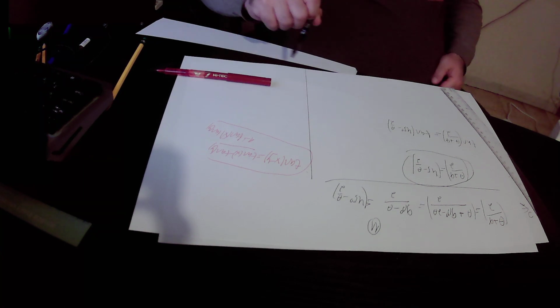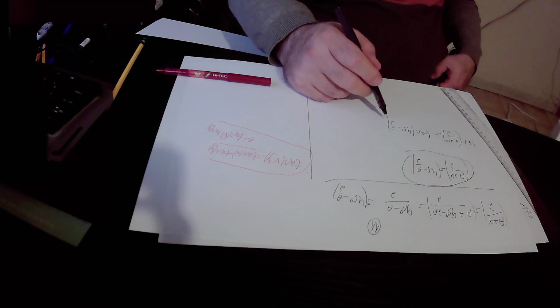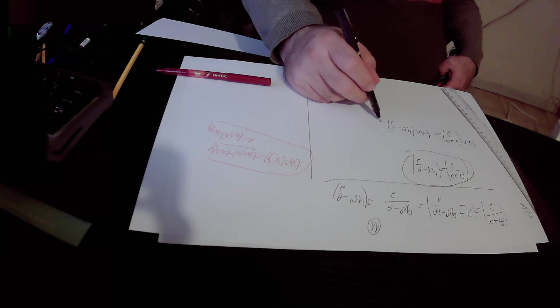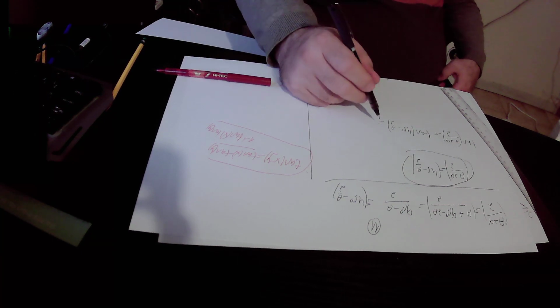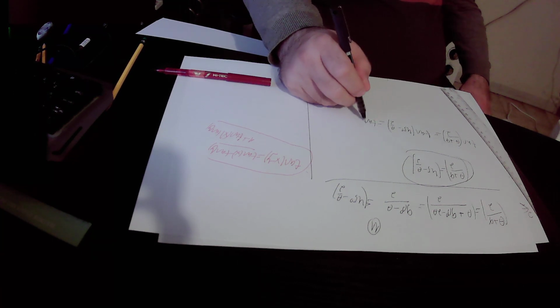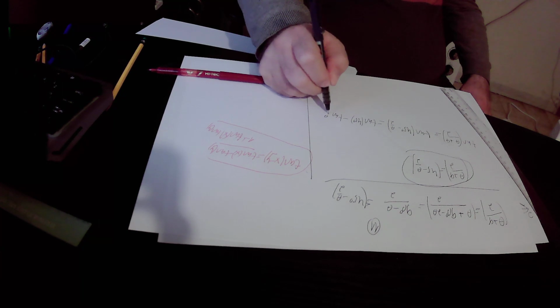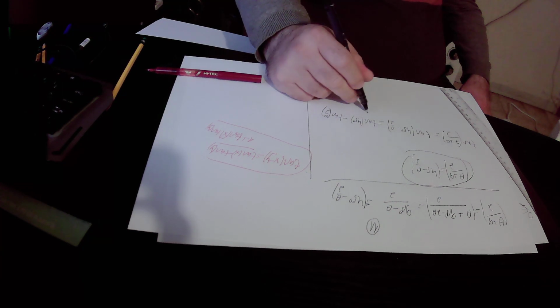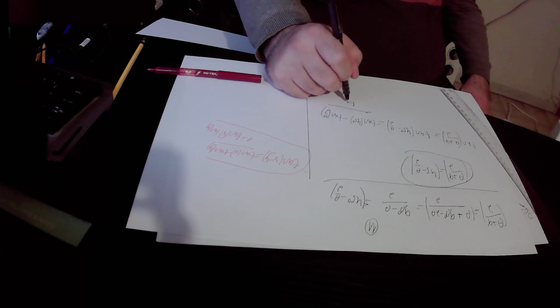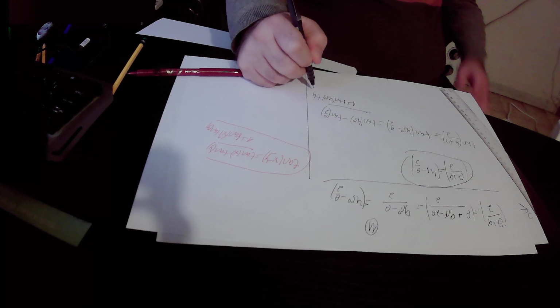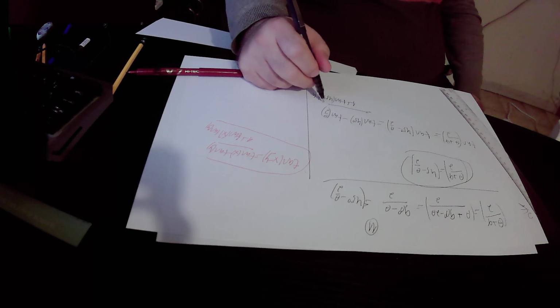We will use this trigonometric identity in order to find out the value of tangent 45 degrees minus theta over 2. So the value of tangent 45 degrees minus theta over 2 will be equal, according to this trigonometric identity, to tangent 45 degrees minus tangent theta over 2 over 1 plus tangent 45 degrees times tangent theta over 2.